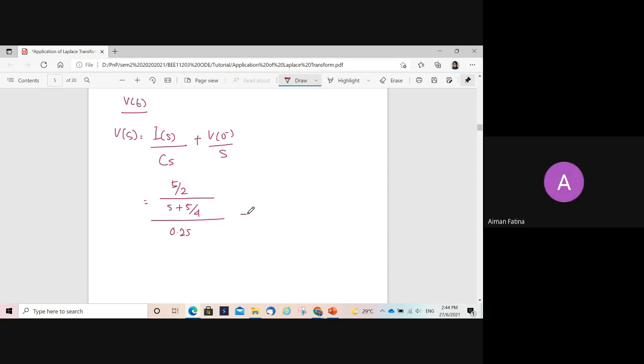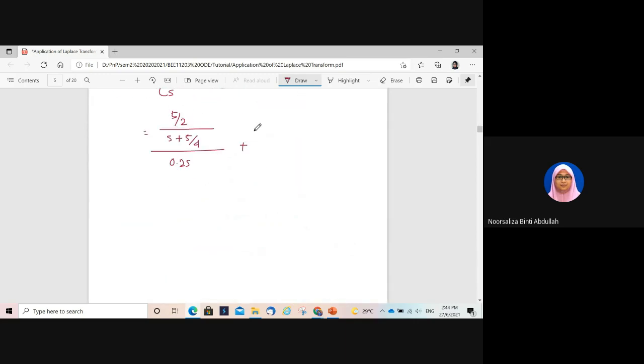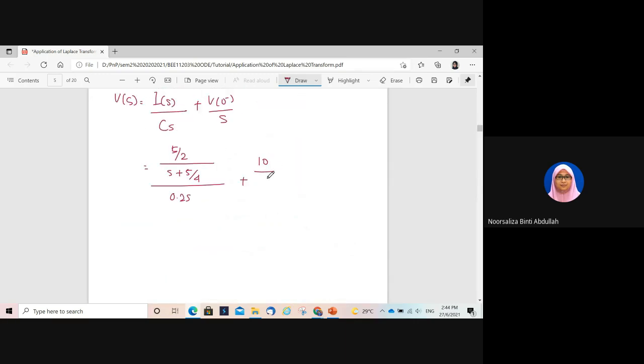Plus V naught, which is given as 10, so you plus with 10 over S. And 0.2S, what is its value? 5, so it will be 1 over 5, right? 5 over 2 S plus 5 over 4 divided by S over 5, right? Plus with 10 over S.